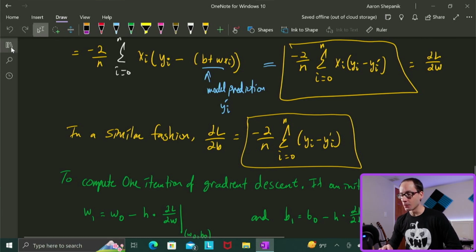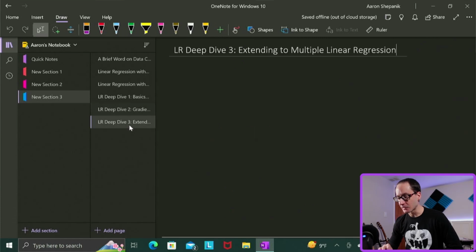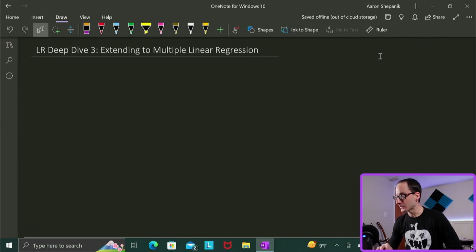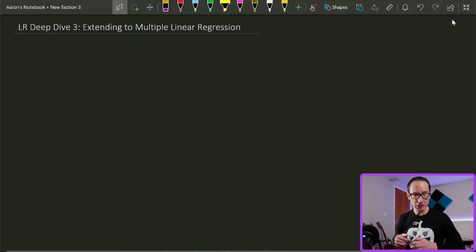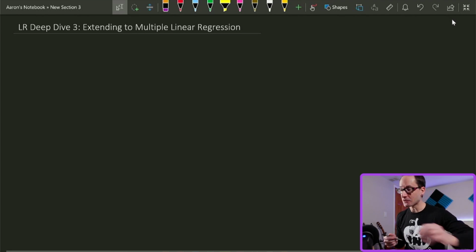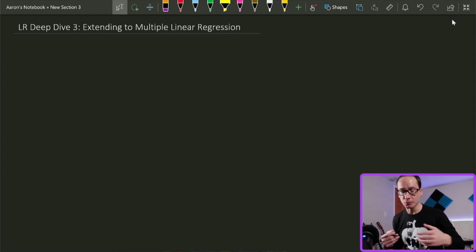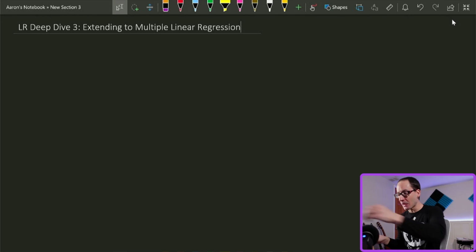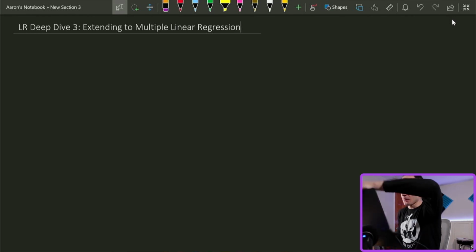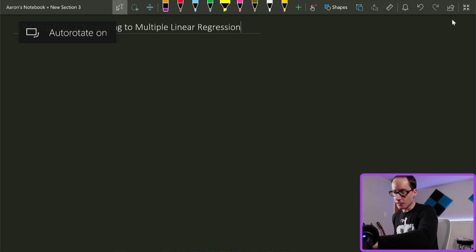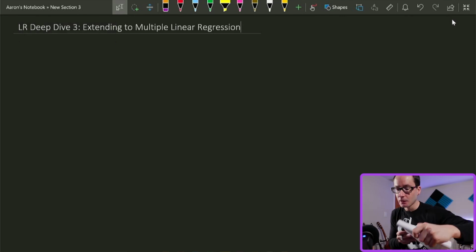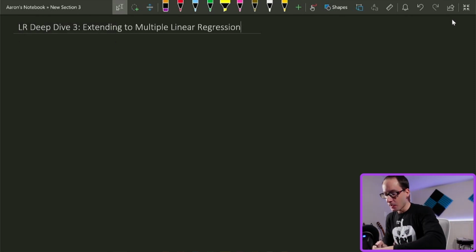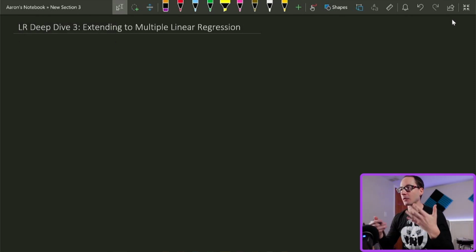So what we're going to do is set this up to extend to multiple linear regression by first using matrix notation to re-express everything we have. That way, we only need to do this once in a general case for vectors and matrices, and then it doesn't matter what the length of the vector or matrix is. The algebra and calculus will all play out to be essentially the same.